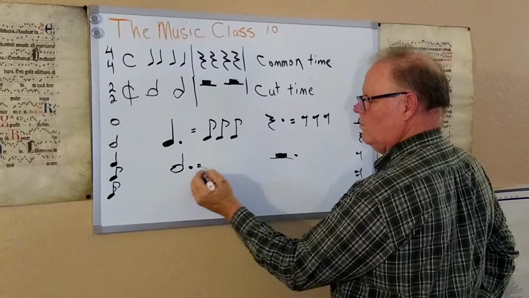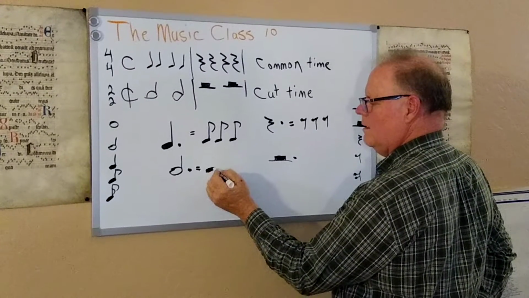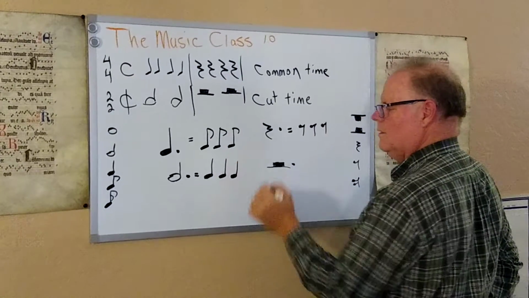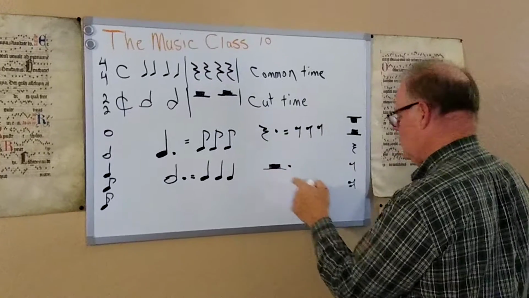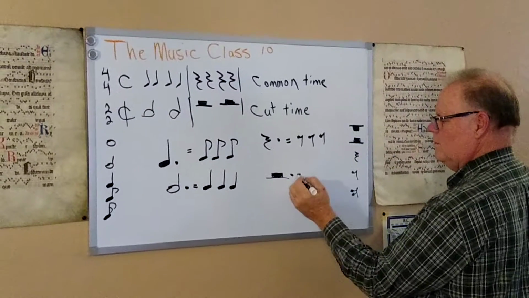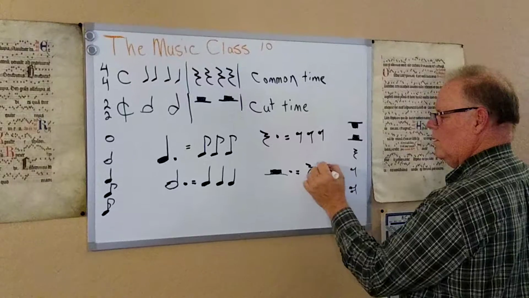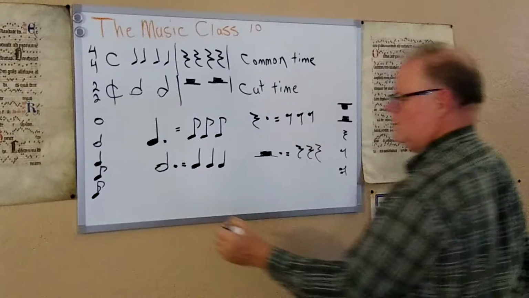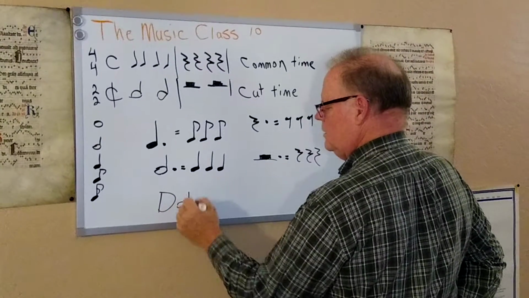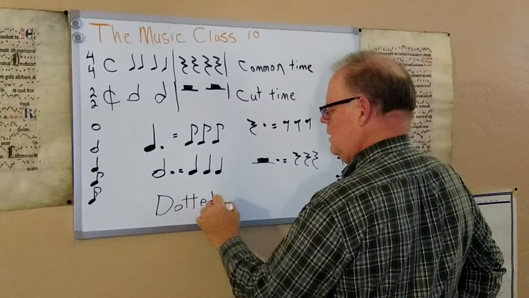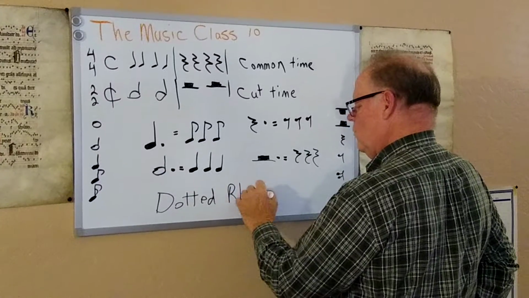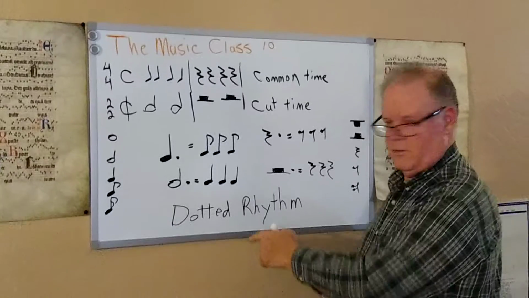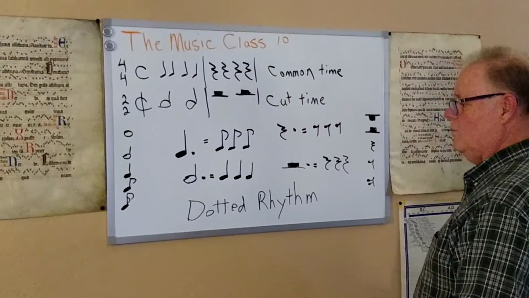So this would equal 3 quarter notes, and that applies to the rest also. That would equal 3 quarter rests. That's called the dotted rhythm. D-O-T-T-E-D R-H-Y-T-H-M. Correct? Okay. Dotted rhythm.